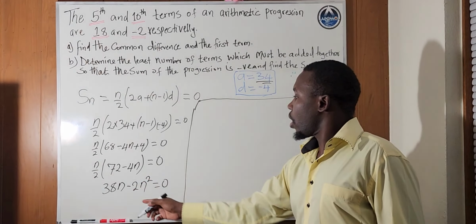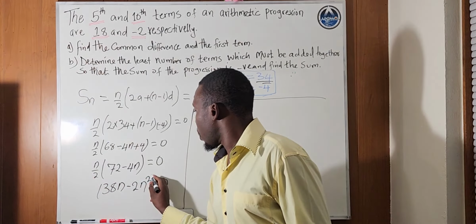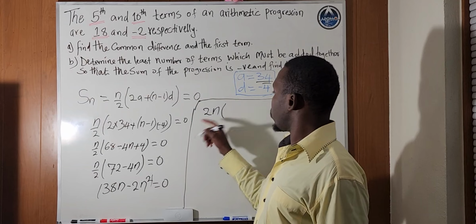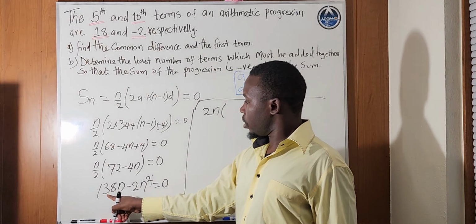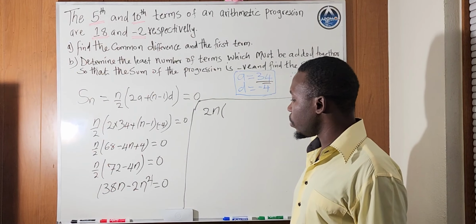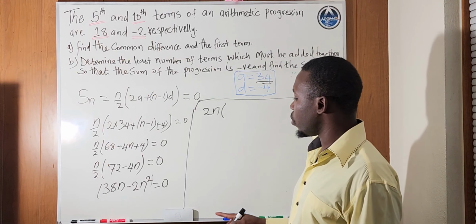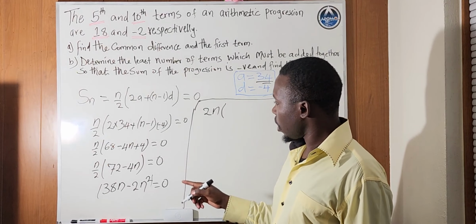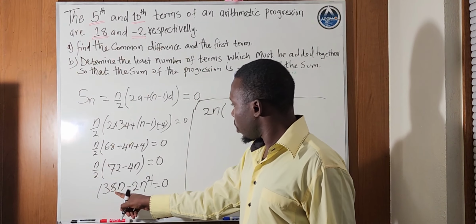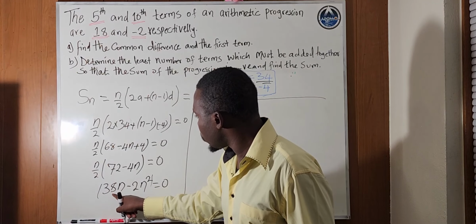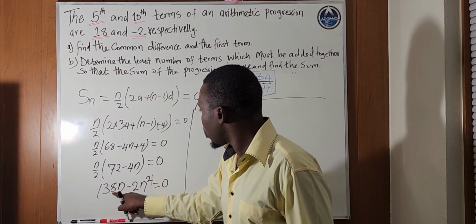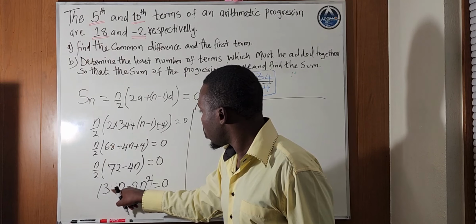From here, if we factor out 2n, we'll factor out 2n into, if you divide this by 2, 72 by 2, you will get 36, sorry, not 38.